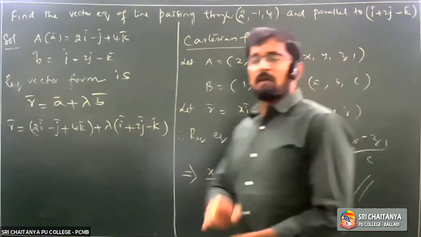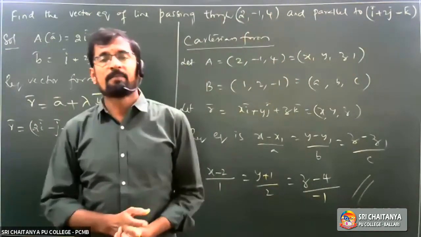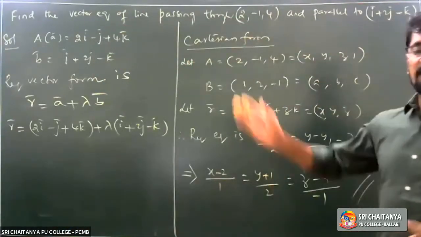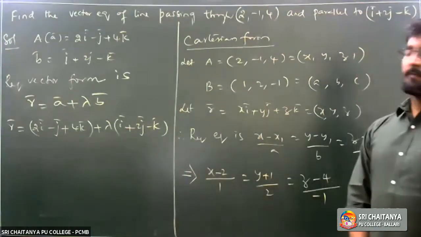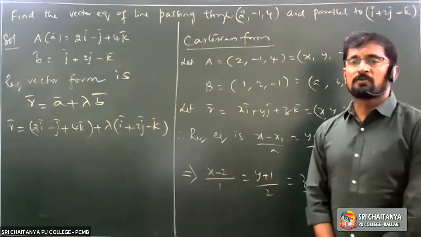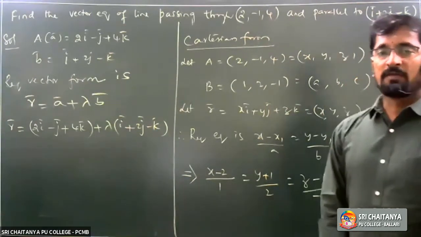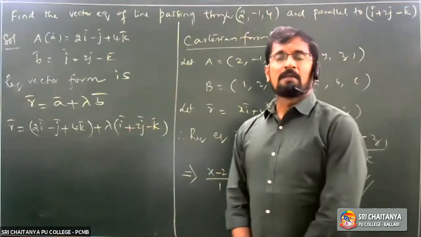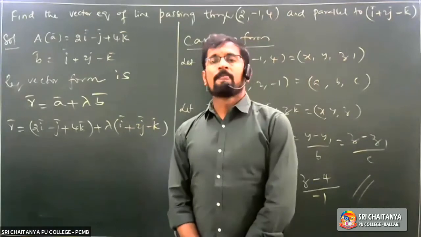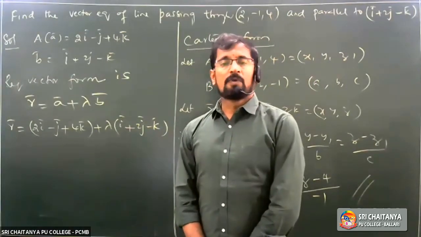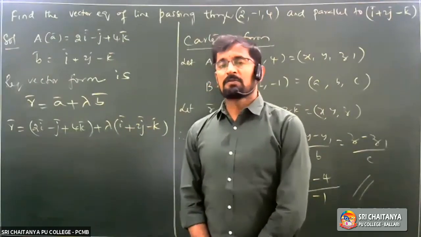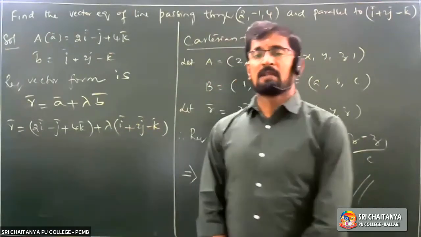I am going to conclude the entire problem once again. You just copy parallel to me, I am going to discuss it again. Observe that one. He asked you to find the vector equation of a line passing through one point and parallel to another vector. You should consider the point as capital A, which is 2i bar minus j bar plus 4k bar, and B bar is i plus 2j minus k.